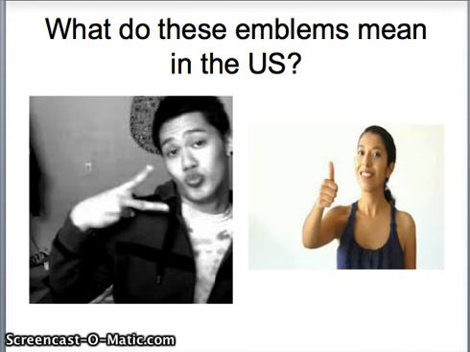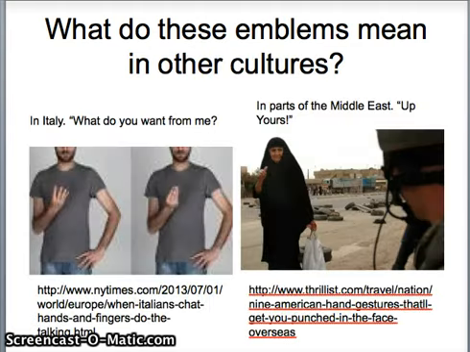However, these are specific to certain cultures, and if you look internationally, there are other emblems from other cultures that mean different things. So if you have your hands and you bring them down and close them into a point, in Italy, this indicates, what do you want from me?